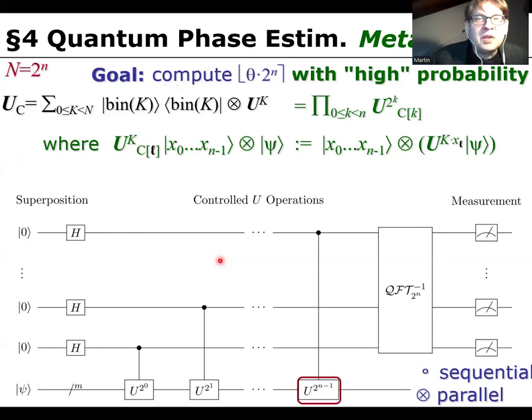but we're still not there, because it still involves repeating and composition of U with itself an exponential number of times. So naively, this means we need to repeat the circuit of U, place it sequentially after each other an exponential number of times.